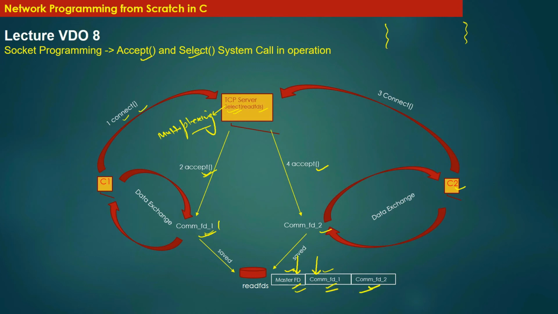So more clients will come, more communication file descriptors will be created, and these communication file descriptors will keep on adding in the read FDS set. So we can say that the select system call is actually monitoring various client connections at the same time. So when we will have a code walkthrough, you will see the entire cycle that is discussed in this diagram in terms of programming.